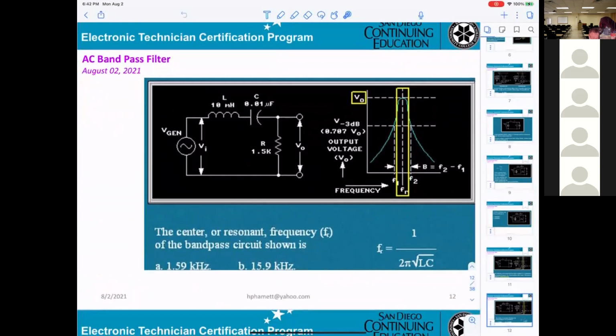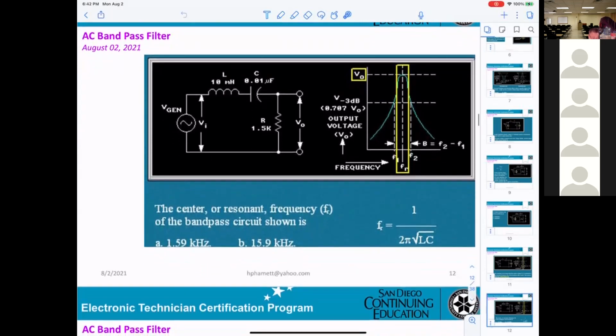The center or resonant frequency FR during calculation equals 1 over 2 pi square root of L times C of the bandpass filter circuit. Which one are you guys getting for me, A or B?